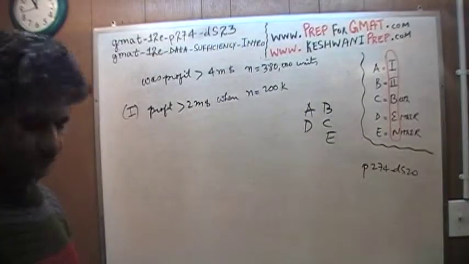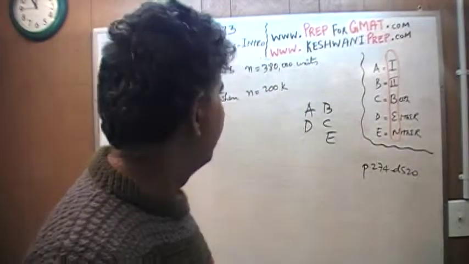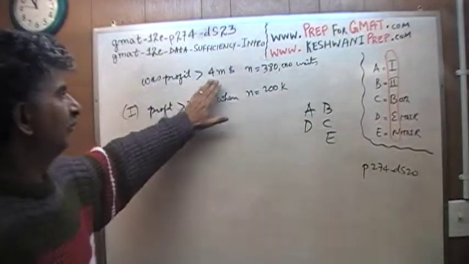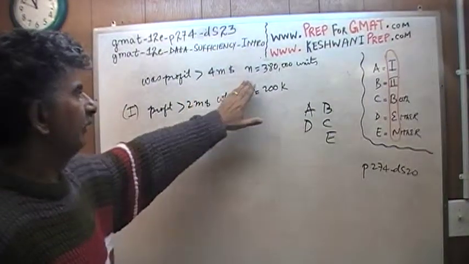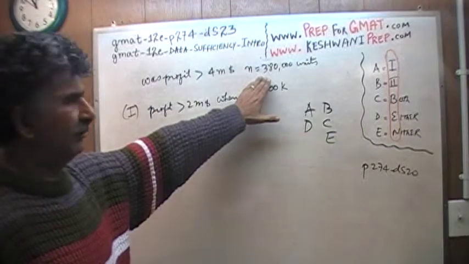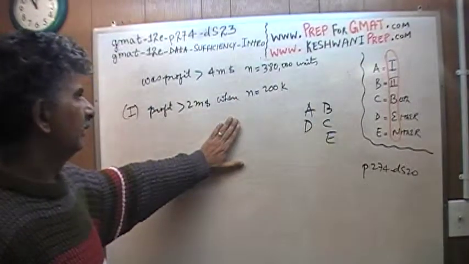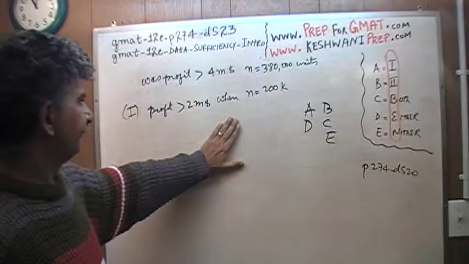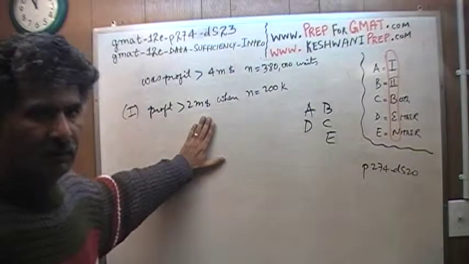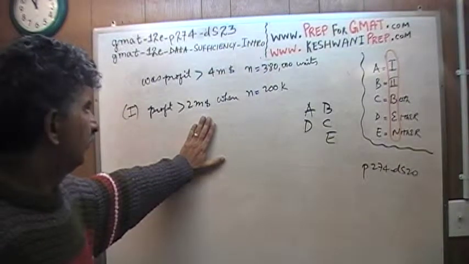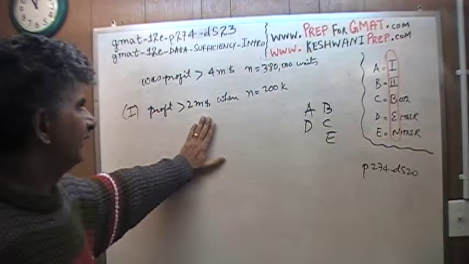What does that tell me? Based on that, can we answer whether or not they made more than $4 million in profit when they sold 380,000 units? No, we cannot. They may have made more than 4 million. They may have made less than 4 million.